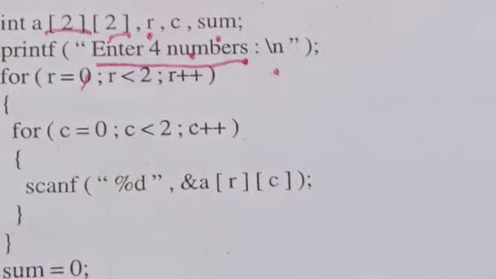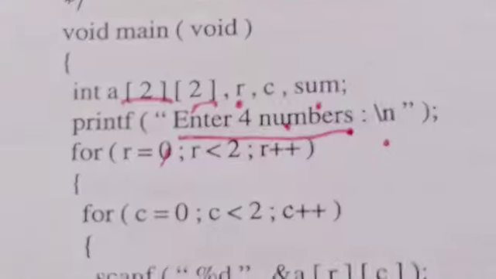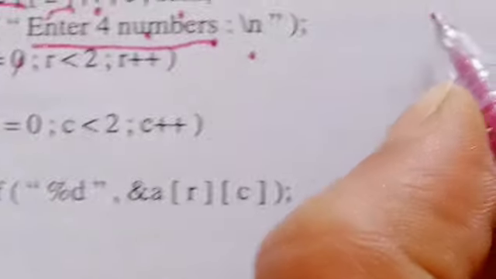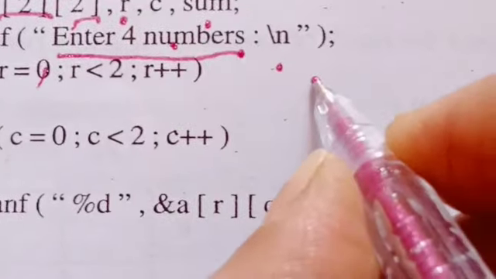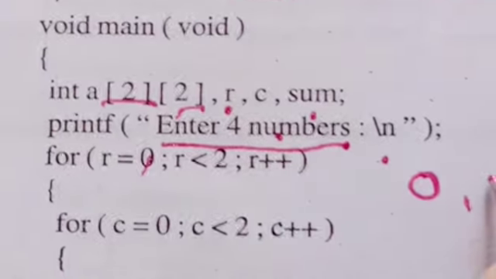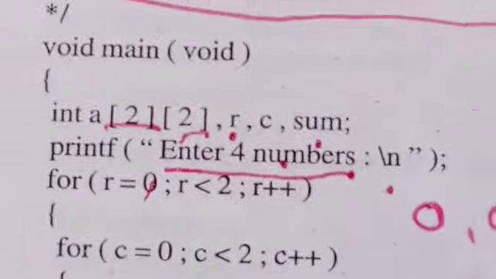Now the first iteration: r's value is 0 and c's value is 0.